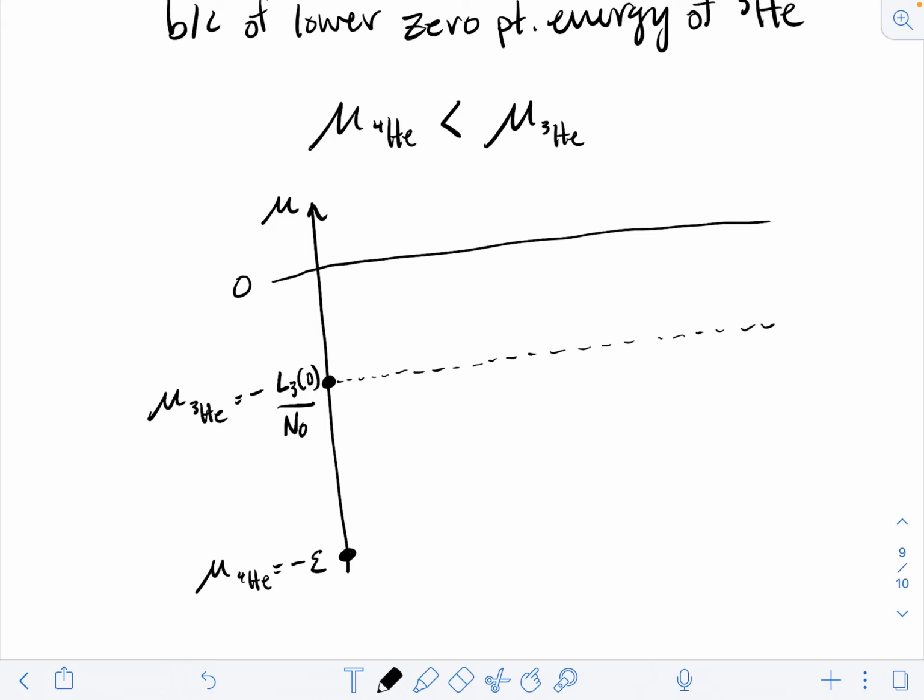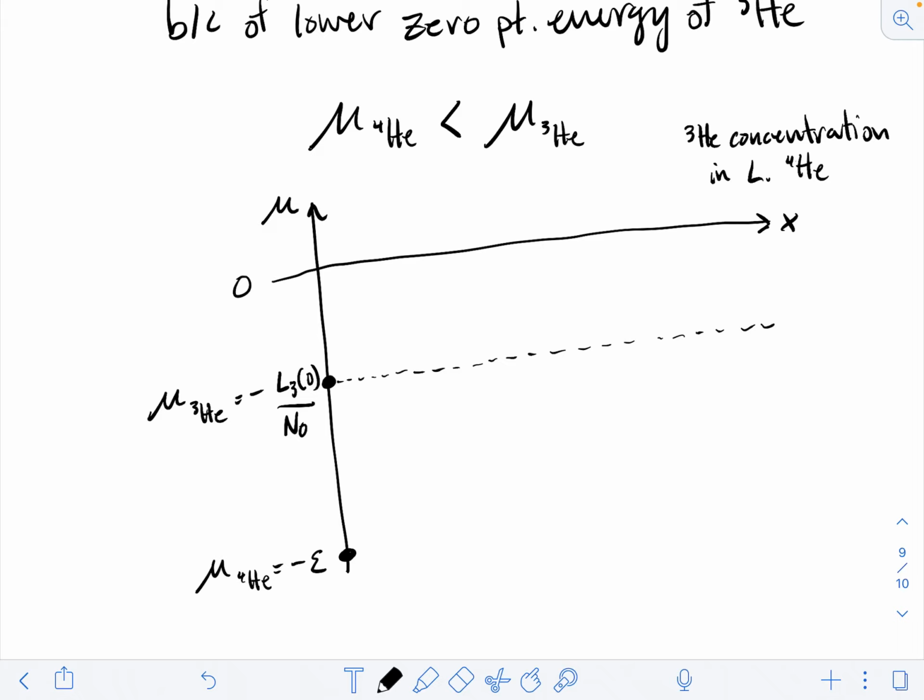And what we're going to imagine is this horizontal axis is X. This is going to be the helium-3 concentration in liquid helium-4.